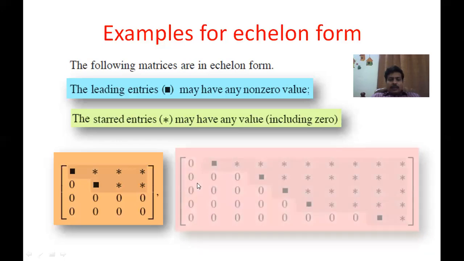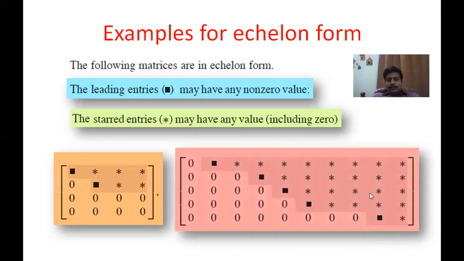Let us look into another example. Here, the first column has all zeros, so there is no leading entry. This is the leading entry. The leading entry is nothing but the first non-zero element of a row. All the entries below this leading entry are zeros.